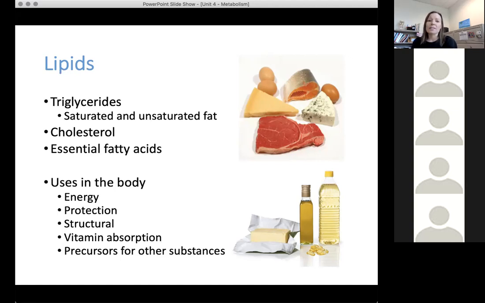Also, fat found in adipose tissue provides insulation and cushioning around the internal organs. So it provides like a protective layer around major internal organs. Another specific type of lipid are the phospholipids.